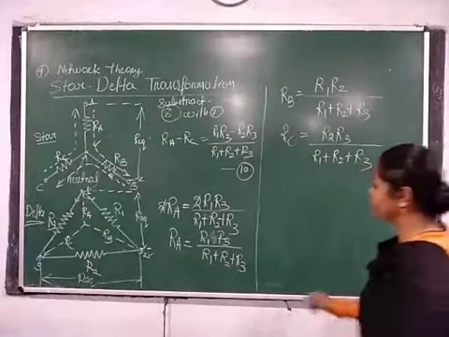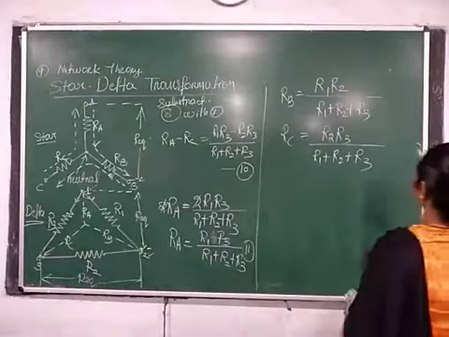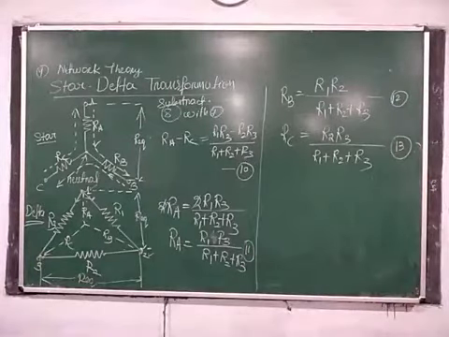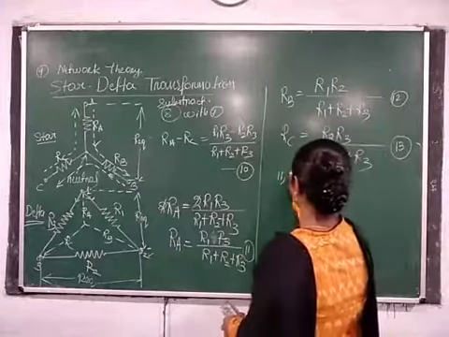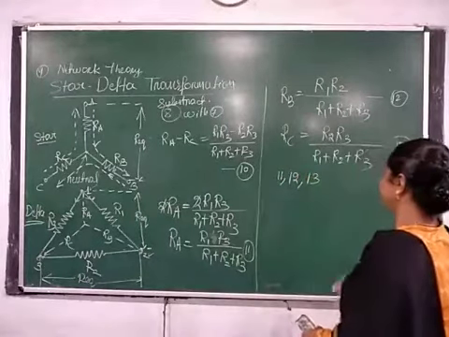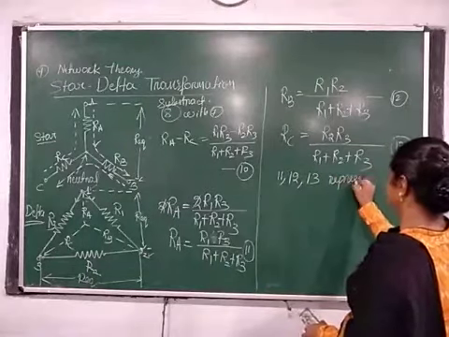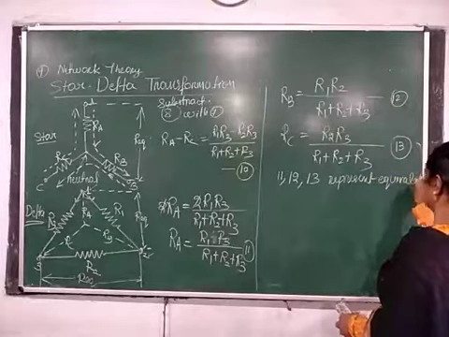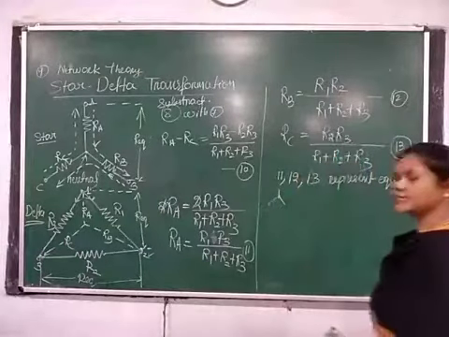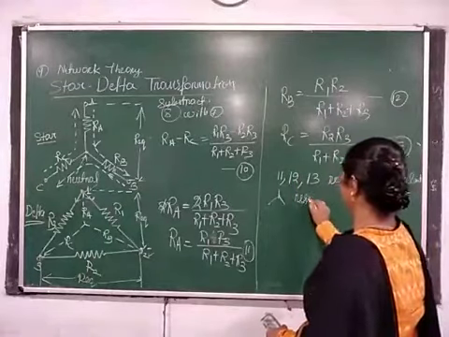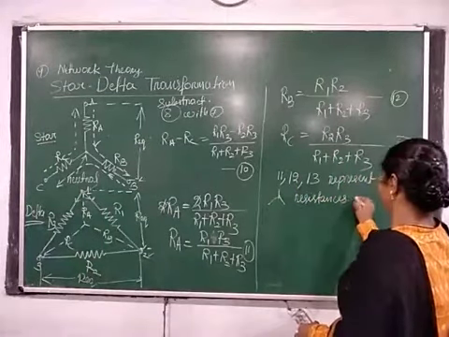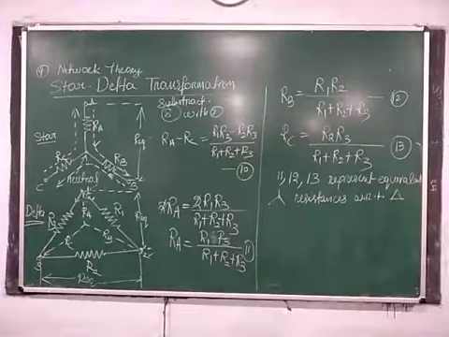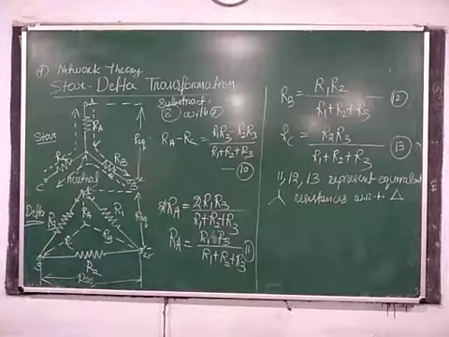Take it as equation number 11, equation number 12, equation number 13. Equations 11, 12 and 13 represent equivalent star resistances with respect to delta, or in terms of delta.